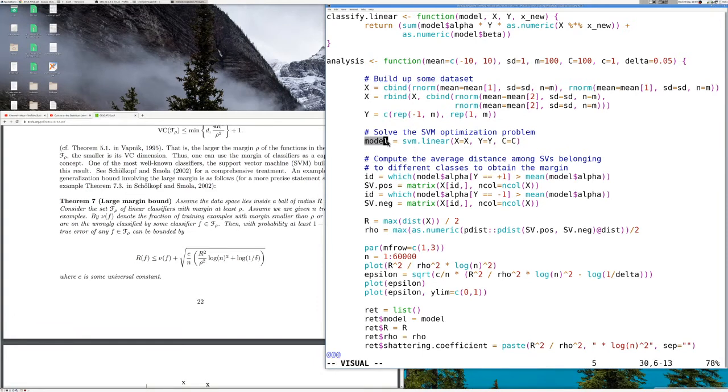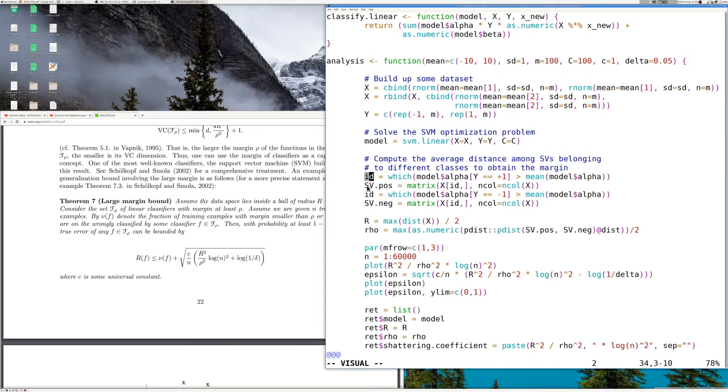I took the model, I took the alphas, every alpha belonging to the positive class and every alpha belonging to the negative class. When it has a magnitude greater than the average value for alpha, it becomes a relevant identifier.